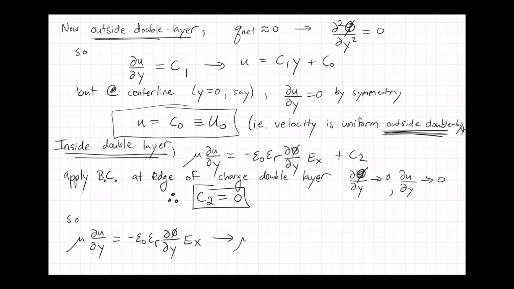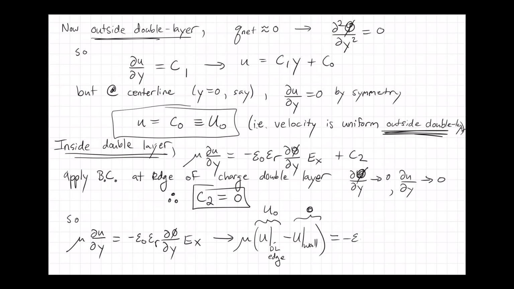From there, we can just integrate one more time. I'll do a definite integral because it's a little bit easier. I'm going to integrate from one edge of the double layer to the other side, so from the wall to the interior.